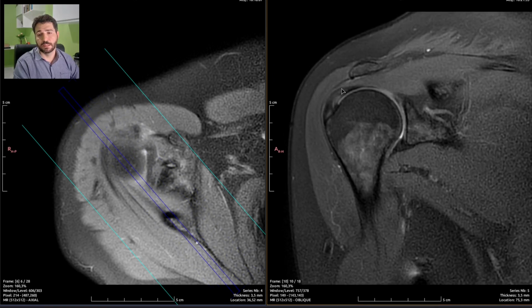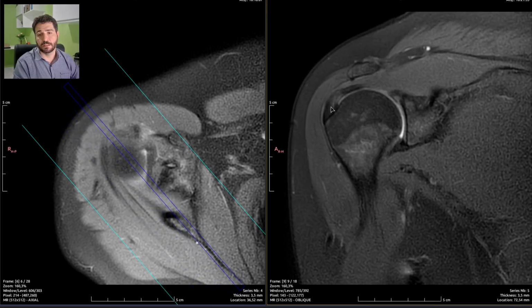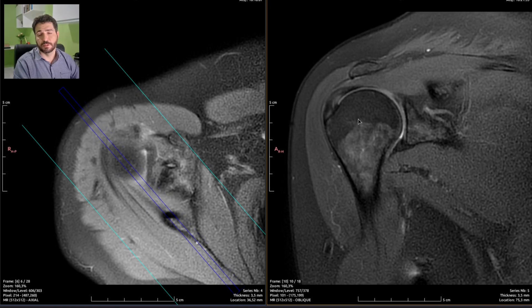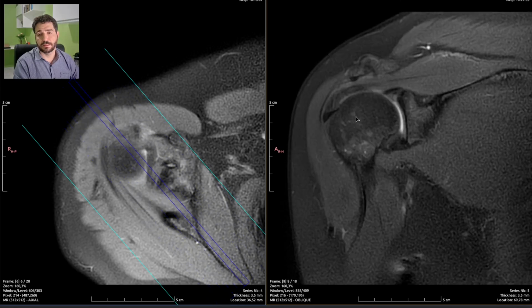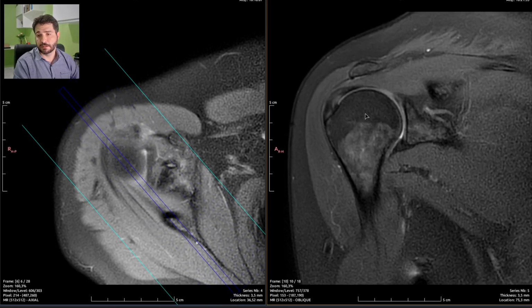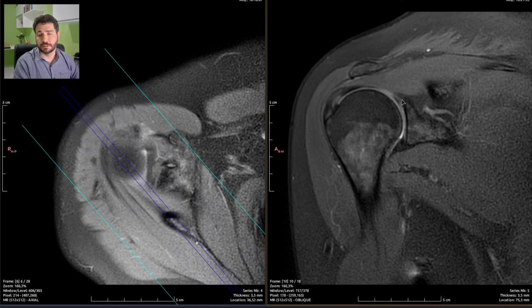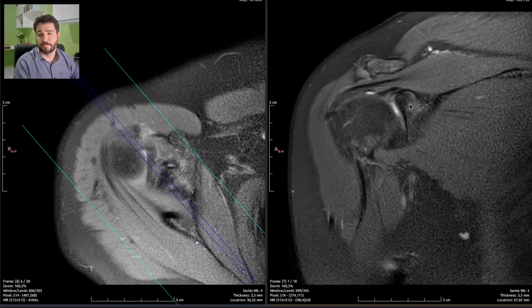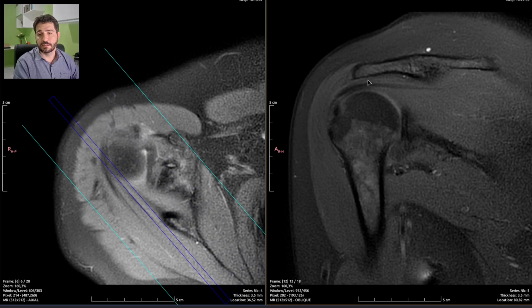Also, I can see the supraspinatus tendon is thickened and has a bunch of heterogeneous areas of high signal, bright signal, hyperintense signal on the PD with fat saturation, with no signs of ruptures or tears. So this points us to a chronic tendonitis.